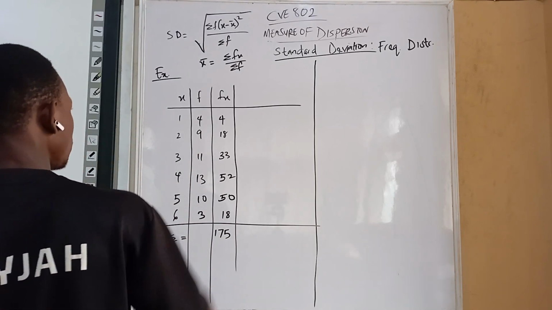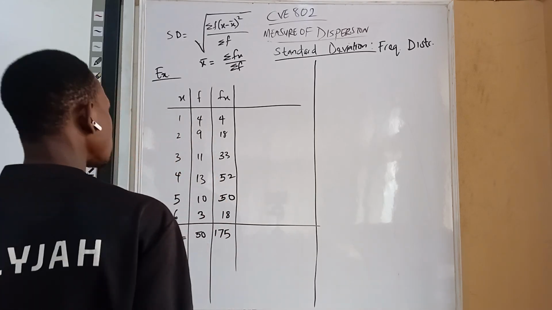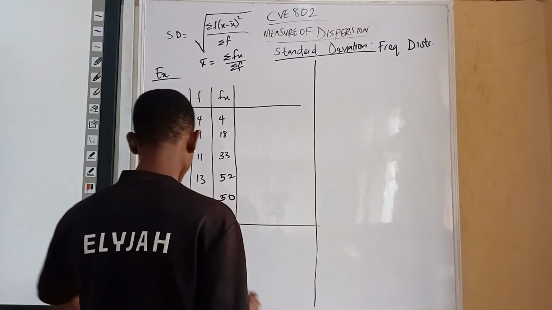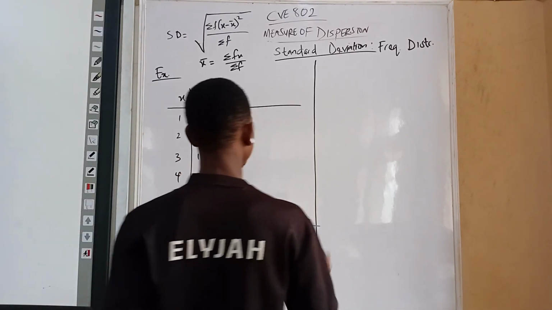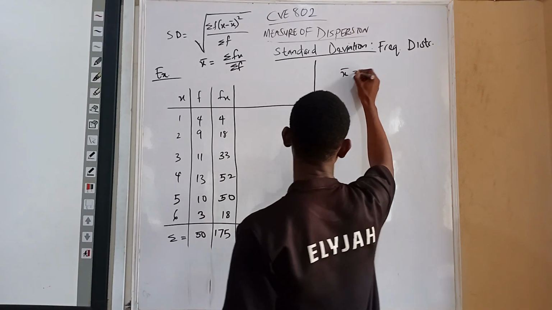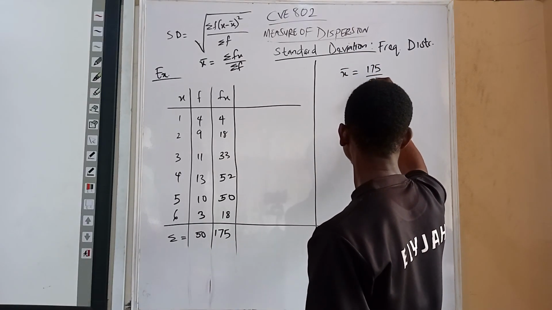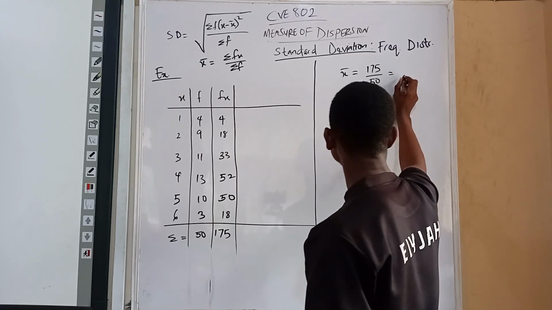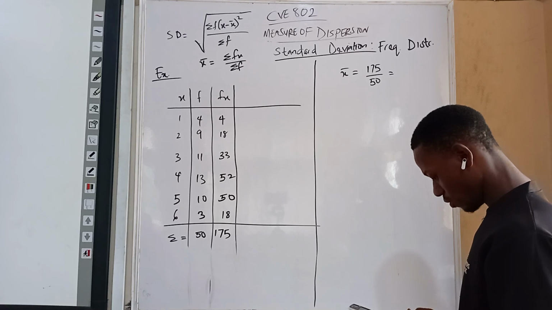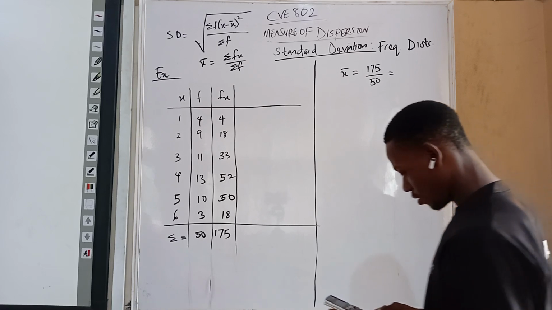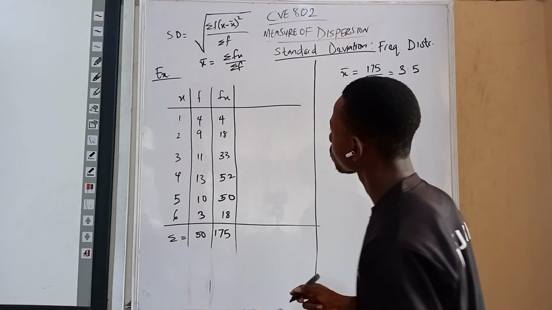And the total frequency is 50. So our mean x bar equals 175 divided by 50, which is 3.5. That's our x bar.